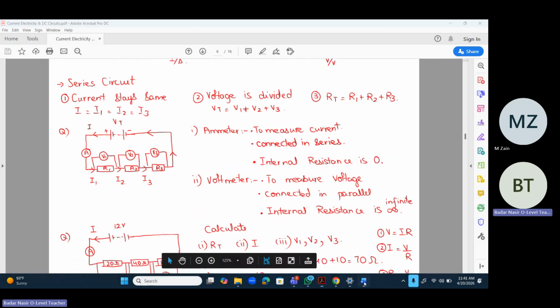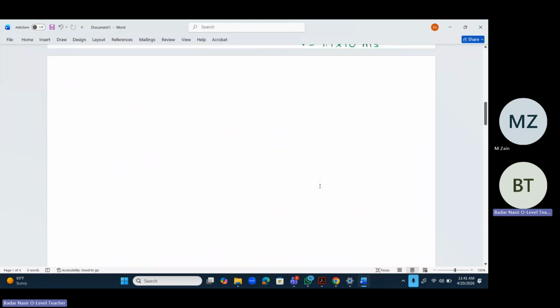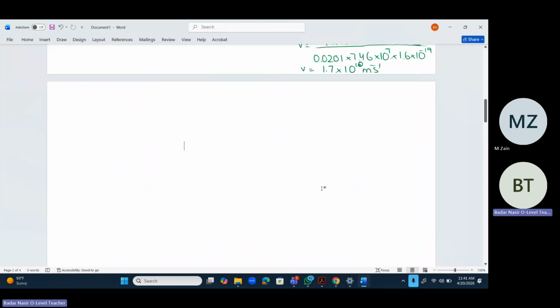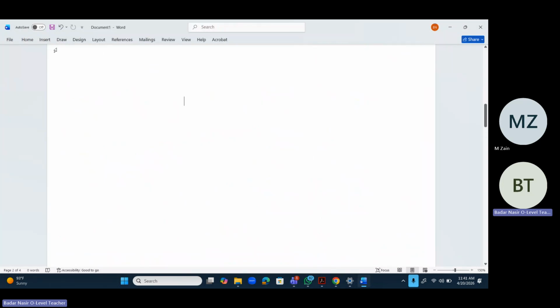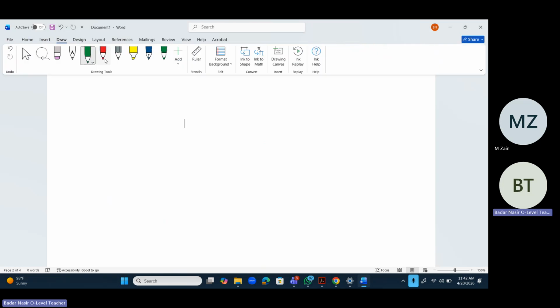Okay. I'll write down a question on the board. आप उसकी resistances मुझे calculate करके बताओ कि क्या resistances है. That way ये है कि practice भी हो जाएगी.